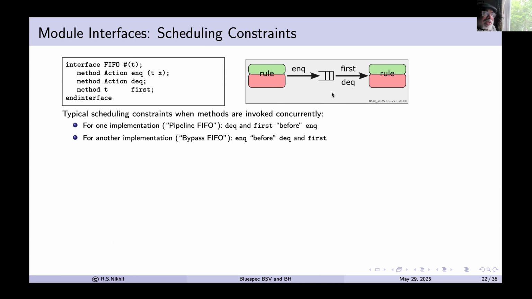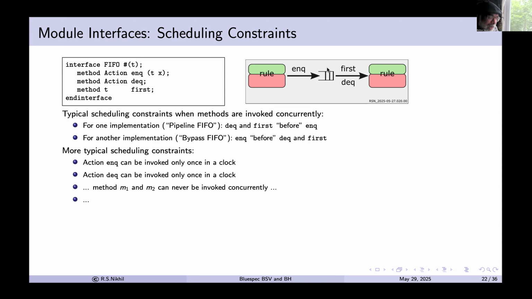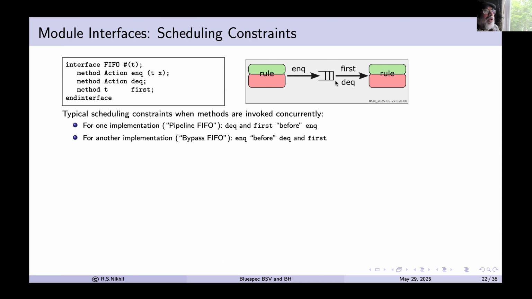With exactly this interface, I can describe to you two different kinds of FIFOs with two different kinds of semantics, right? One kind of semantics is what we call the pipeline FIFO, where conceptually in the rule-based view of the world, you're doing first and dequeue before enqueue. What does that mean? What that means is that suppose the FIFO is full.